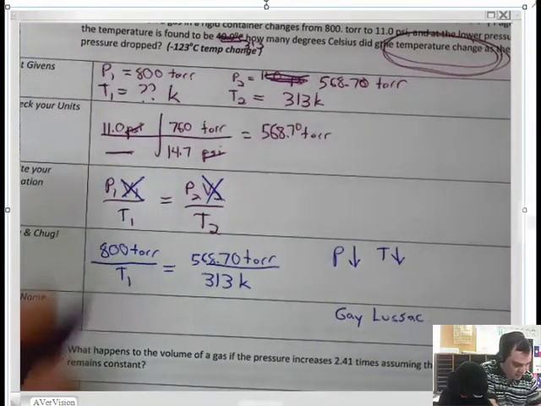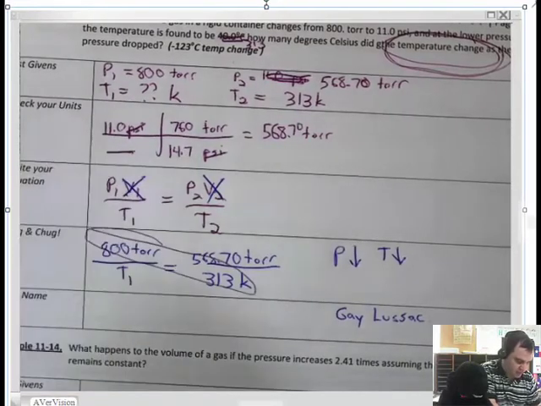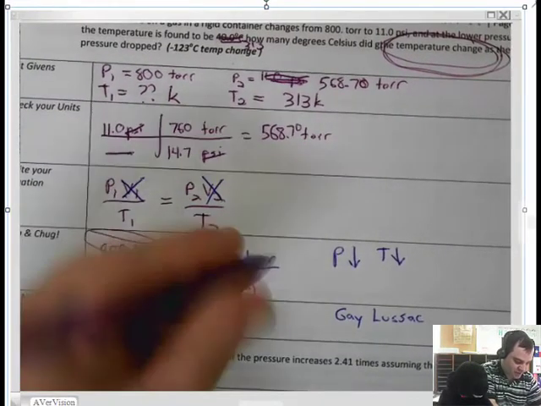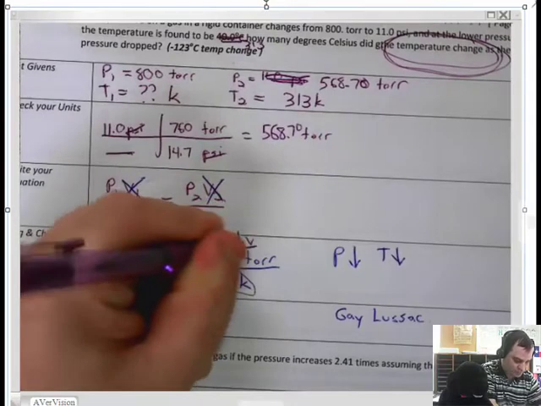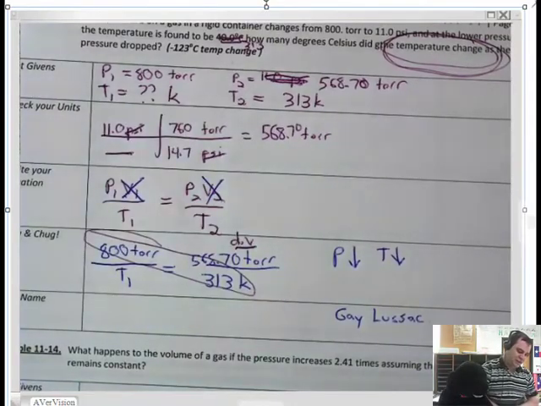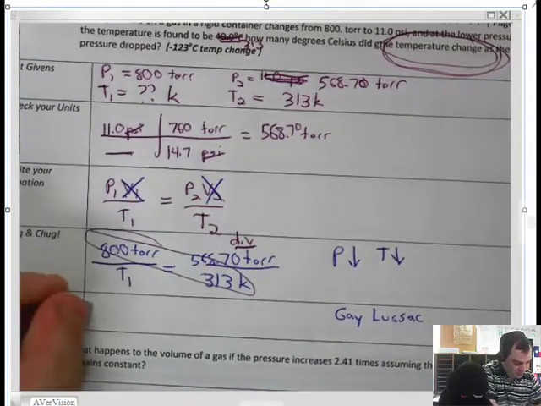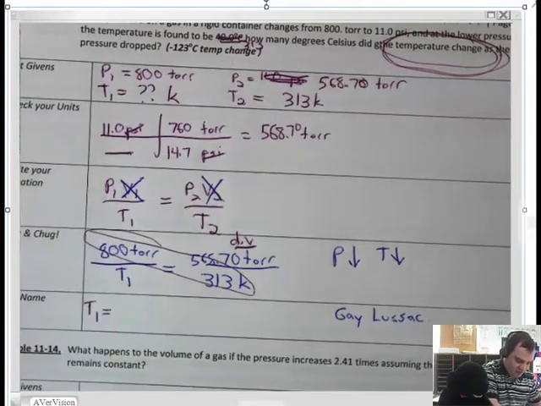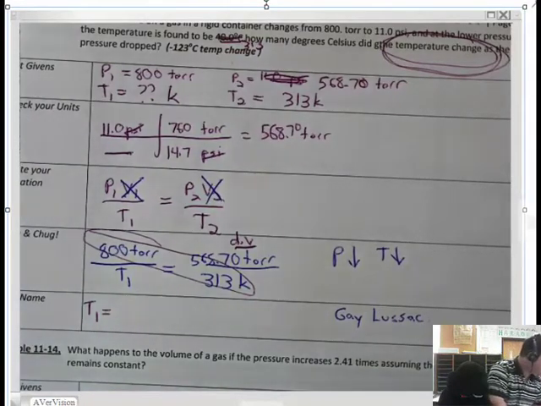To solve this, you're going to multiply these two numbers, because that's where you cross multiply, and divide by this number. And then we get a T1, which is equal to, I have no idea. Time to look at my notes. 440 Kelvin.